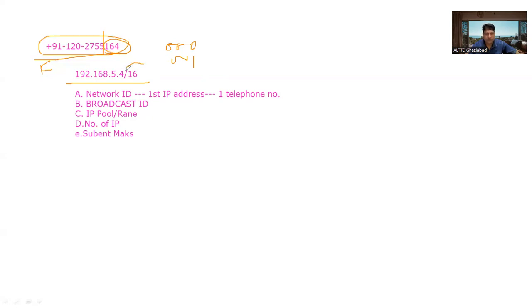/16 defines how many bits are fixed. This means that from left hand side to right hand side, 16 bits are fixed.